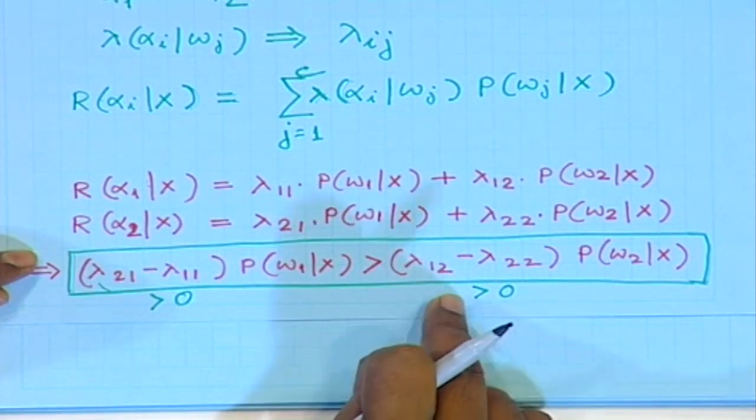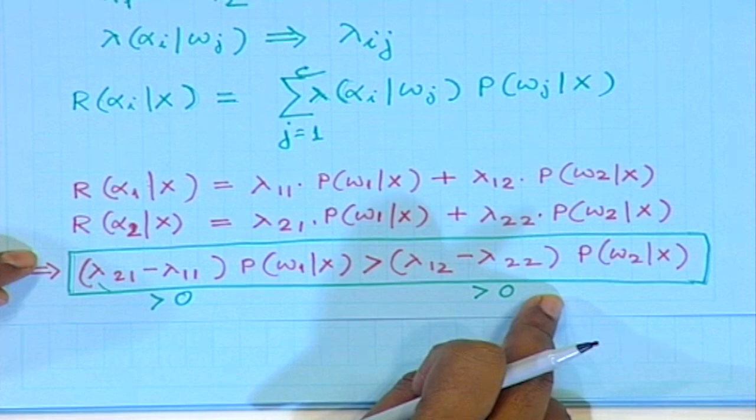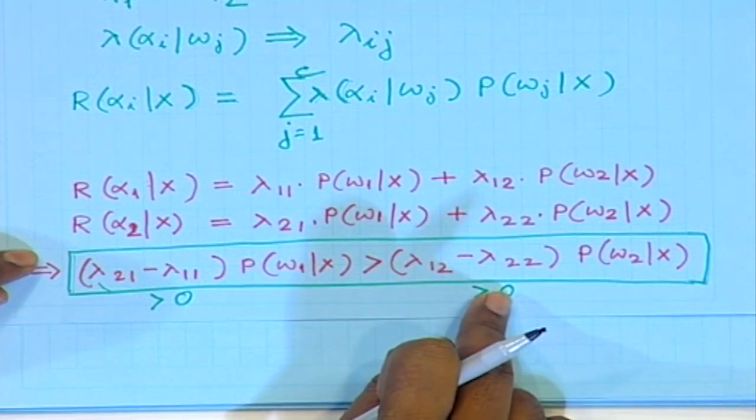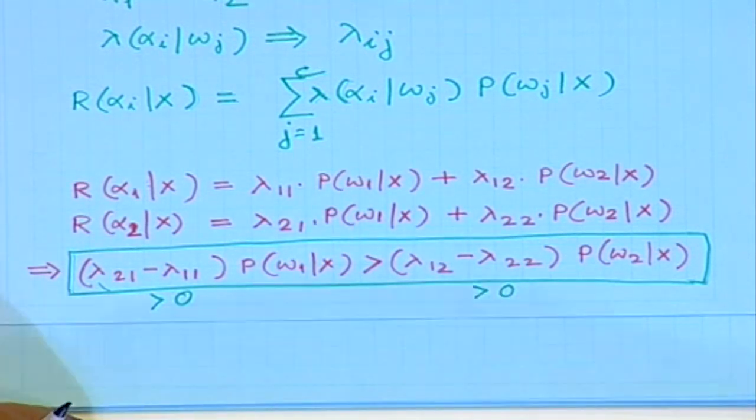Similarly, lambda 1 2 minus lambda 2 2 is also a loss difference between taking a wrong decision and taking a correct decision. Okay.